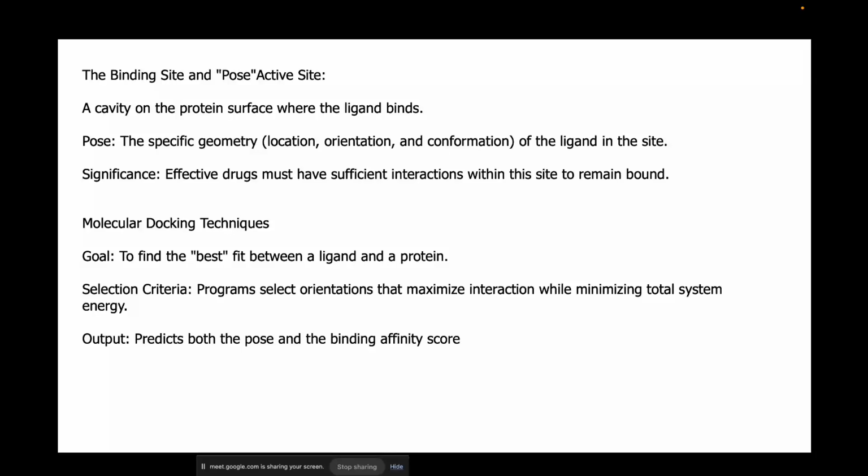One is the binding site, and the second is the pose or the active site. The binding site is basically a cavity on the protein surface where the ligand will bind to. The pose is the specific geometry, which is the location, orientation, and conformation of the ligand at the site. And significance is basically effective drugs must have sufficient interactions within the site to remain bound.